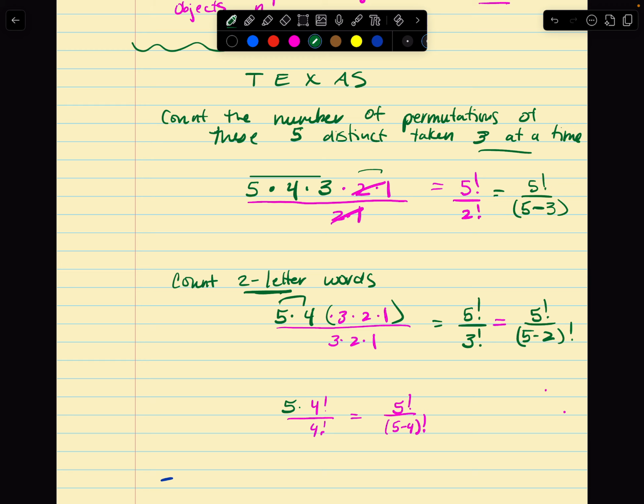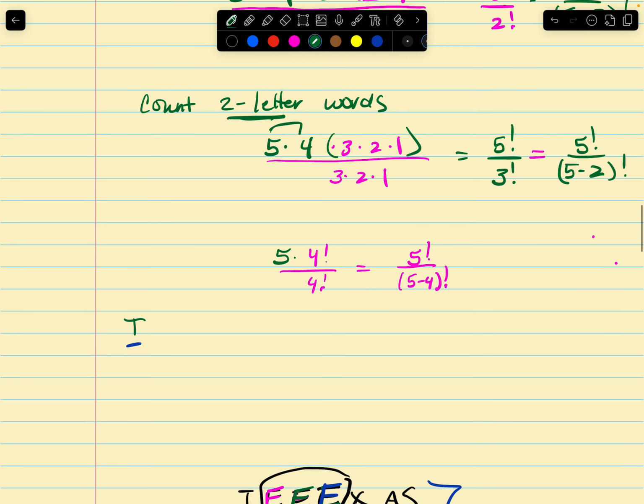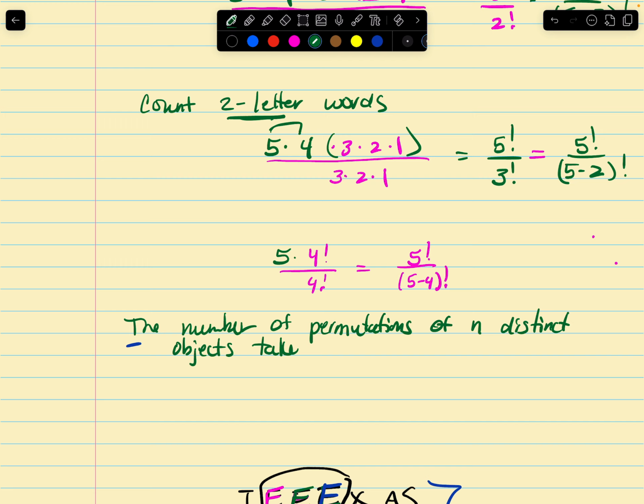And in fact, let's see if we can generalize the number of permutations, so arrangements, of n distinct objects taken r at a time.